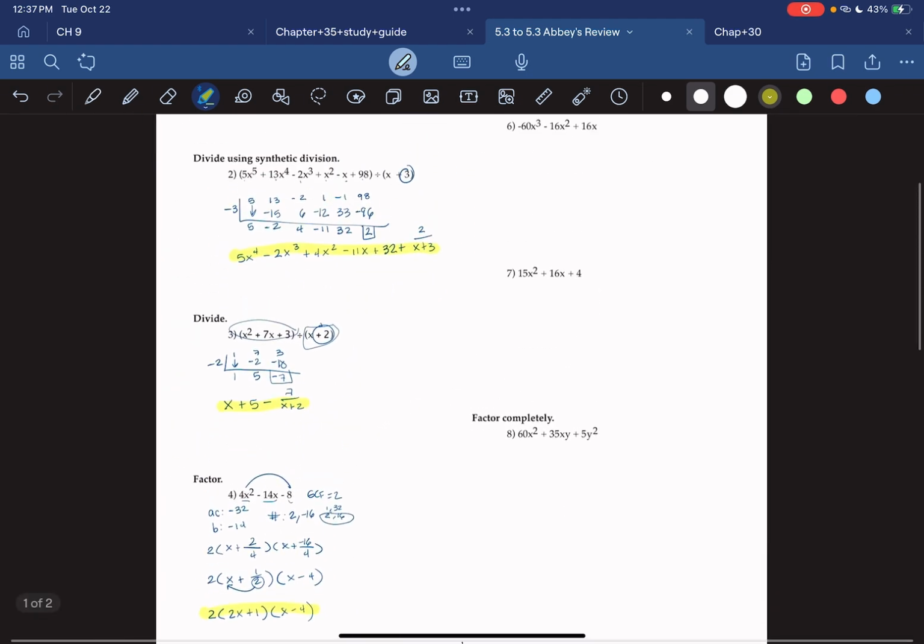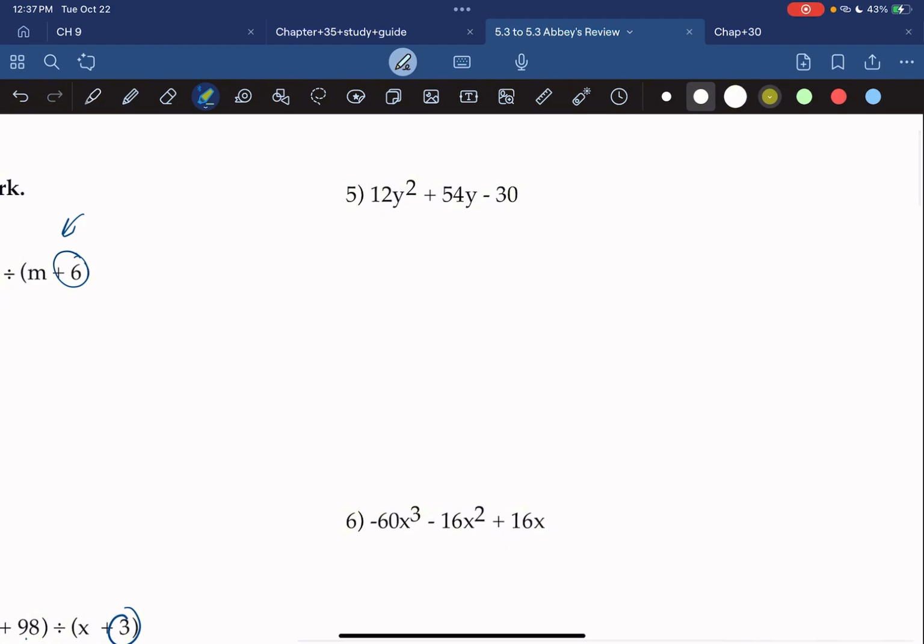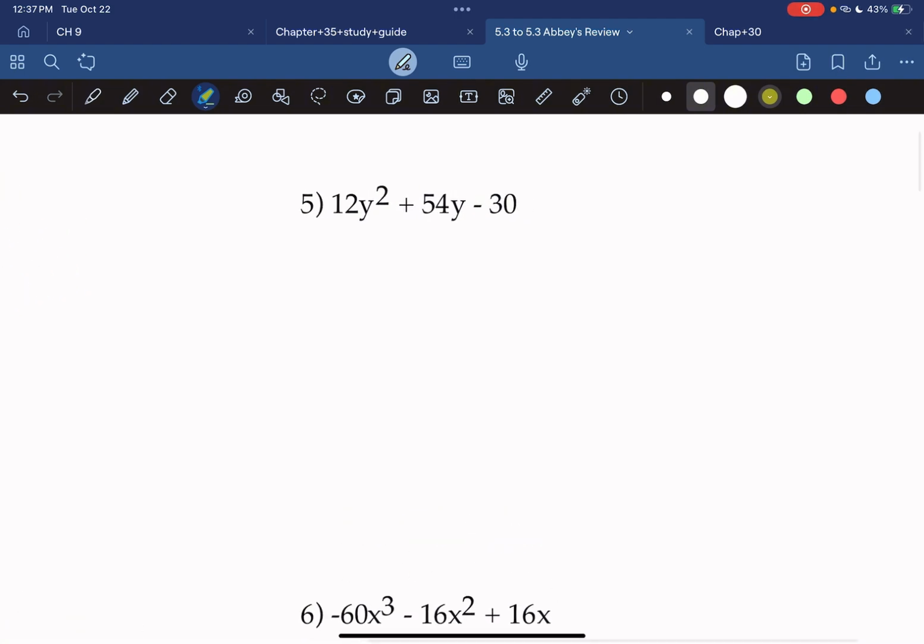Now we go to number 5. Once again, it's asking us to factor. Let's find the greatest common factor between all of these numbers. The greatest common factor is 6. Let's write it there so we don't forget.